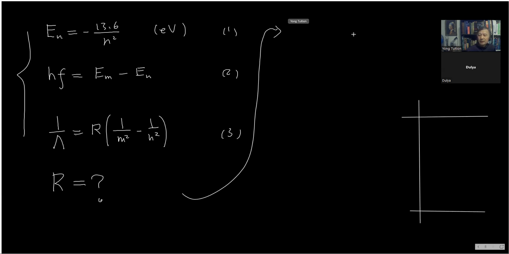This is n equal to 2, n equal to 3, n equal to 4, n equal to 5. You can derive your formula, I just draw this energy diagram for you. So that is En, the hydrogen energy.